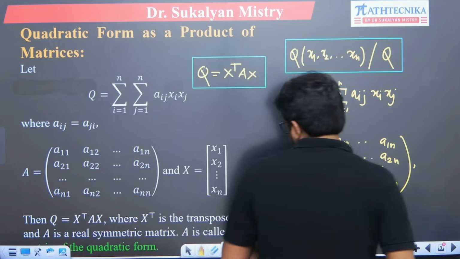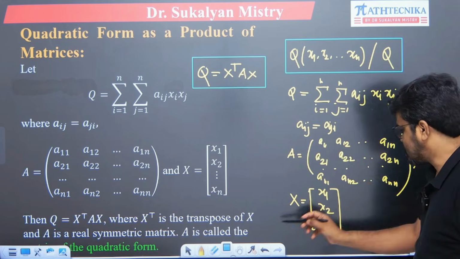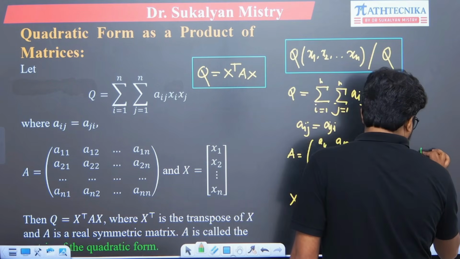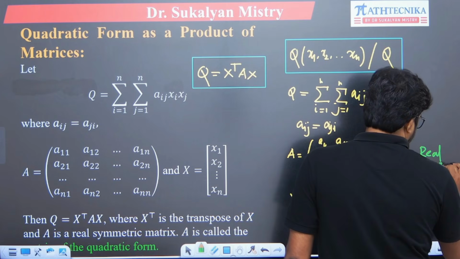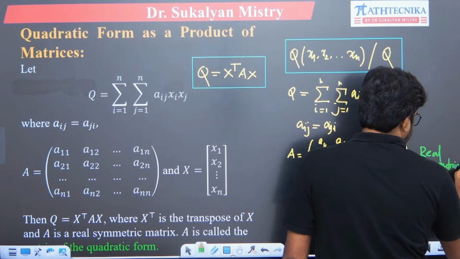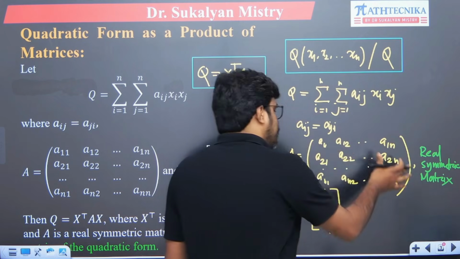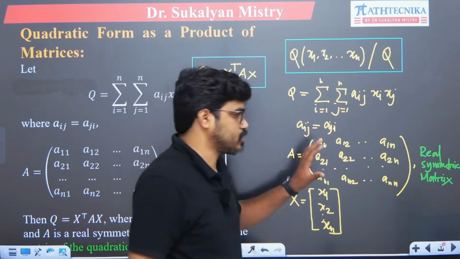This matrix A must be a real symmetric matrix. This is a real symmetric matrix, and this matrix is called the associated matrix.